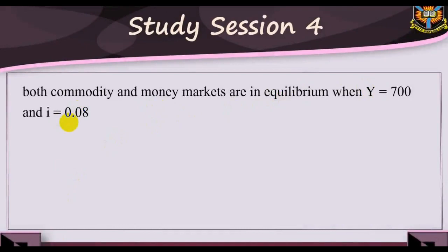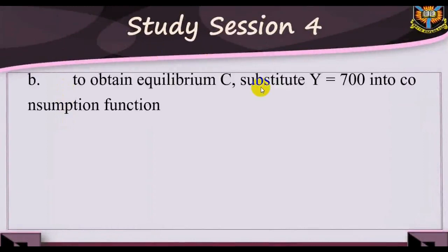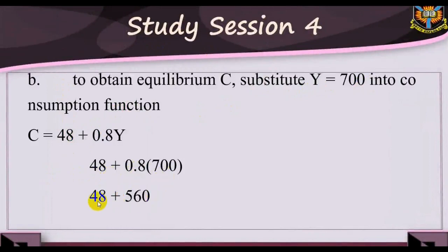B. To obtain equilibrium C, substitute Y equals 700 into the consumption function. C equals 48 plus 0.8Y, which equals 48 plus 0.8 of 700, which equals 48 plus 560.